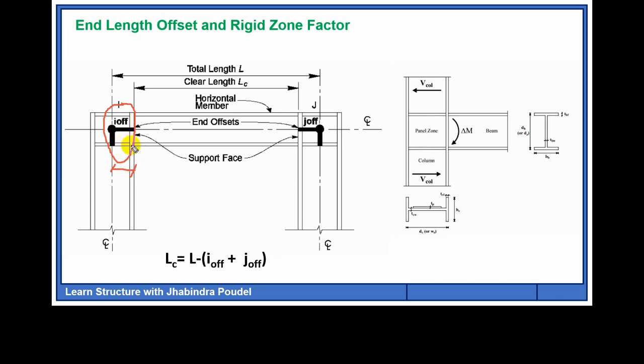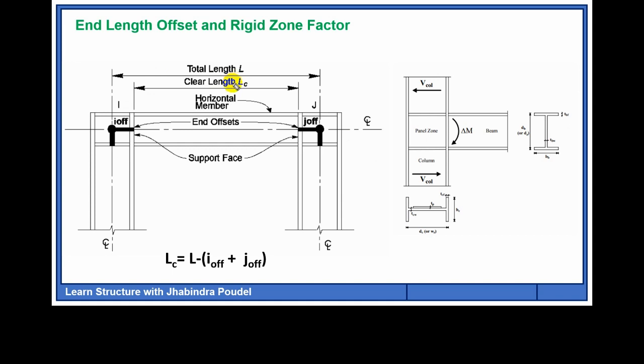So we may specify an in-length offset using the parameters I offset and J offset, which is called in-length offset. Here in this figure, the in-length offset is I offset at node I and J offset at node J.